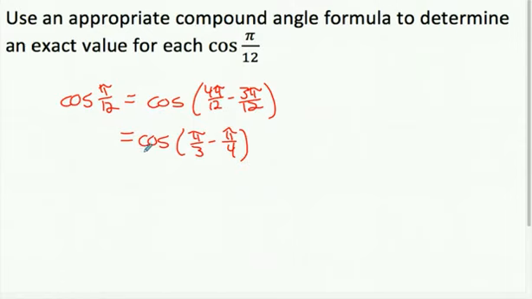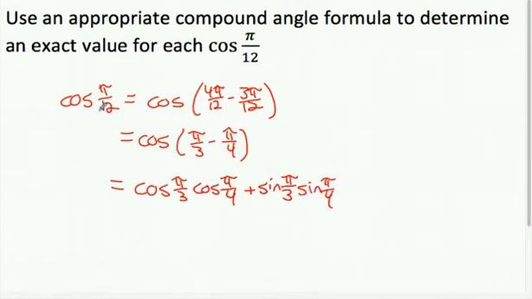So now what I have is the cosine of the difference of two special angles. So I could use my compound angle identity, which would be cos pi over 3 cos pi over 4 plus sine pi over 3 sine pi over 4, to get an exact value for cos pi over 12 by finding these four ratios from my special triangles.